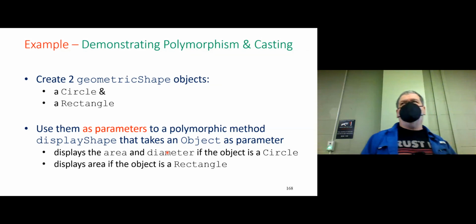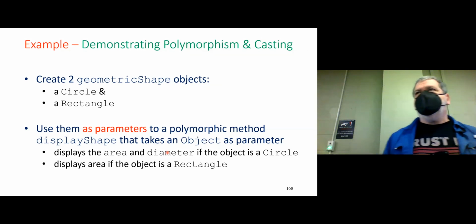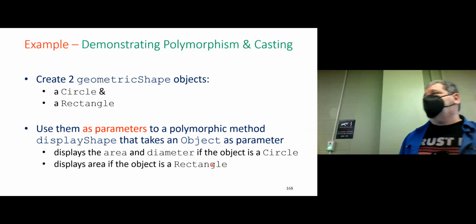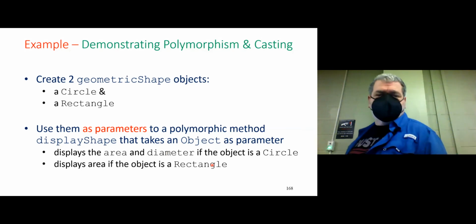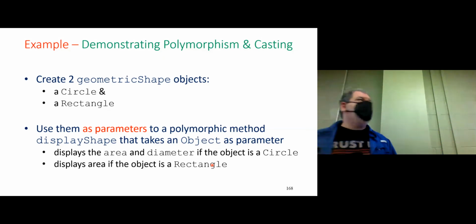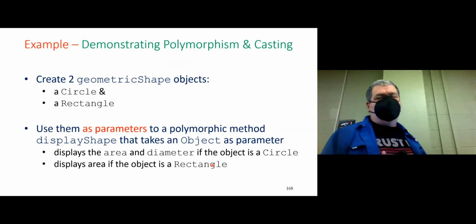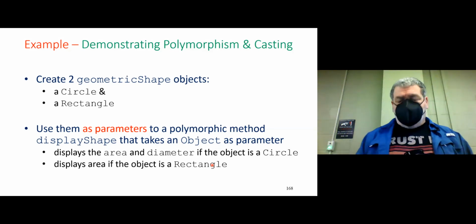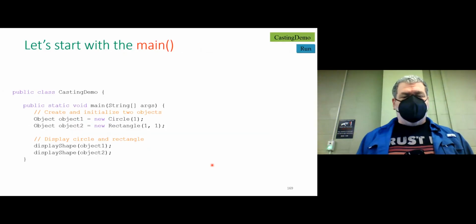So I'm going to assume I have methods getArea, getDiameter, whatever I need, defined in the Circle class. If it's a rectangle, then there's no sense in me trying to display the diameter. I'm going to display just the area instead. So how is that going to look?